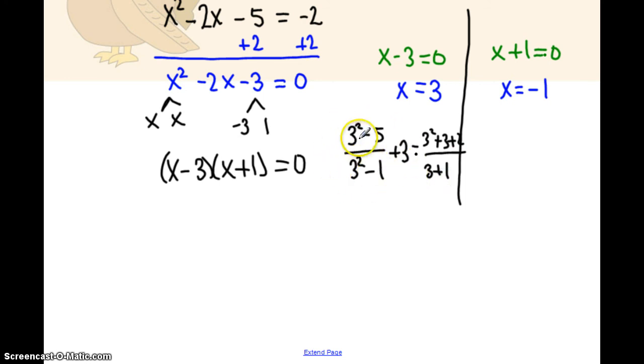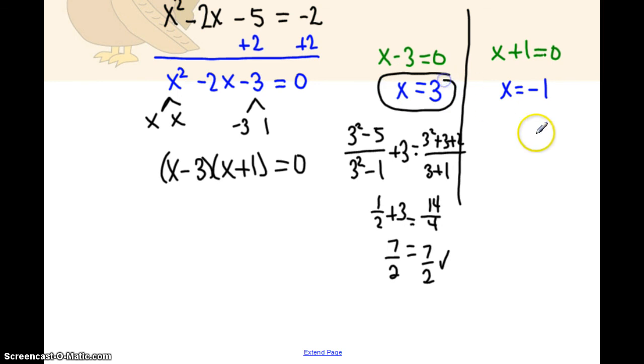This side will be 9 minus 5, so 4 over 8, which is a half. 1/2 plus 3 is 7/2. 3 squared is 9, plus 3 plus 2 gives me 14 over 4, which reduces to 7/2. So that works. X equals 3 is a solution.